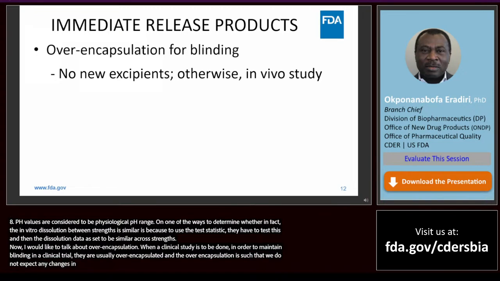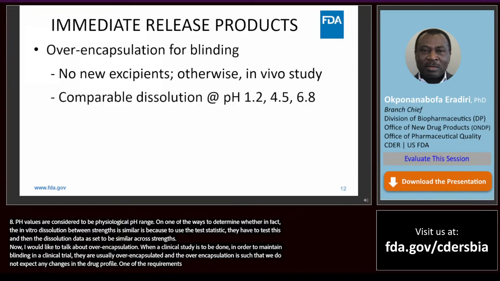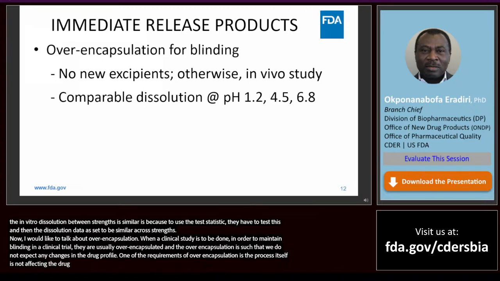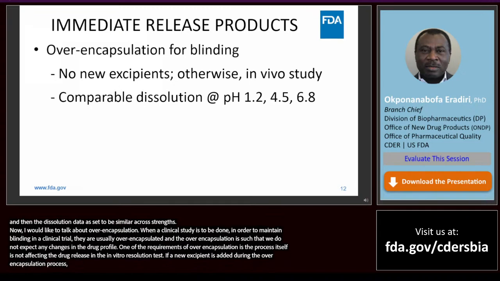One of the requirements of over-encapsulation is that the over-encapsulation process itself does not affect drug release in the in vitro dissolution test. If a new excipient is added during the over-encapsulation process, then an in vivo study will be required.